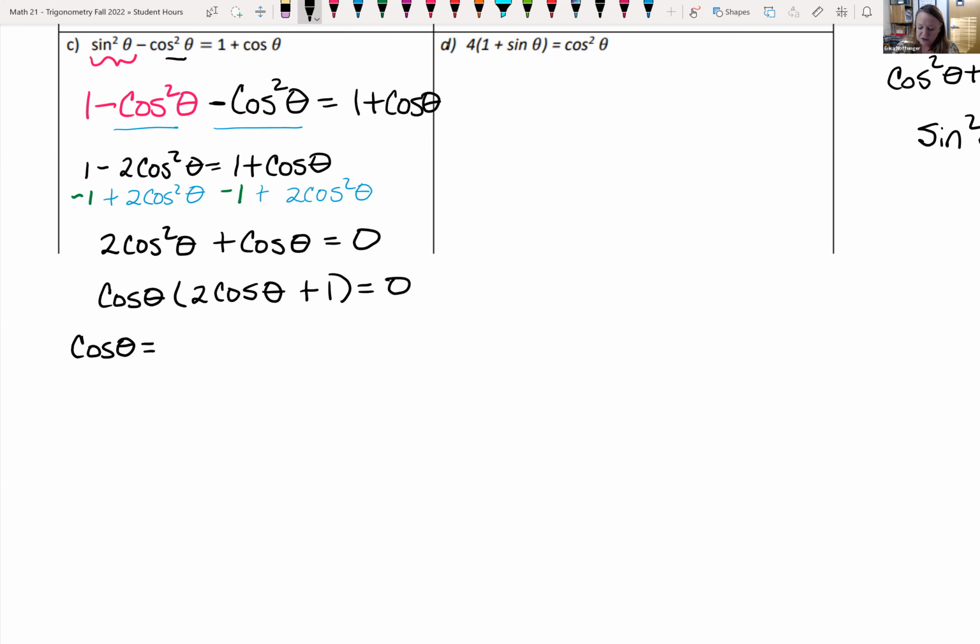So we have cosine theta equals 0 and 2 cosine theta plus 1 equals 0. For the first equation, cosine theta equals 0, looking at values between 0 and 2 pi, not including 2 pi but including 0, cosine theta is equal to 0 at pi halves and 3 pi halves.